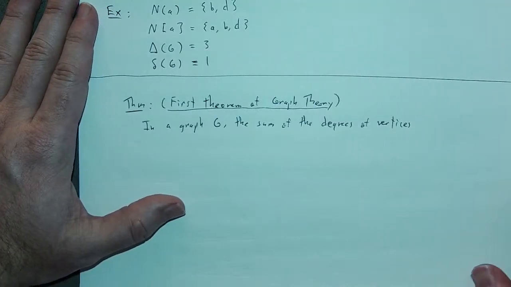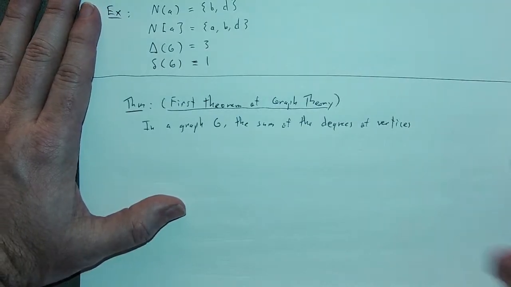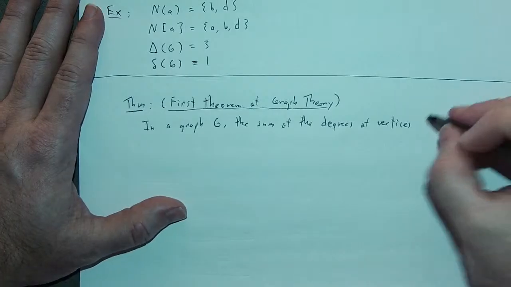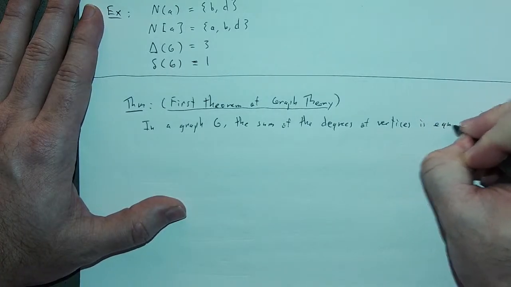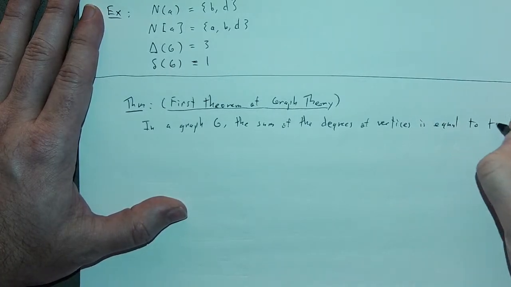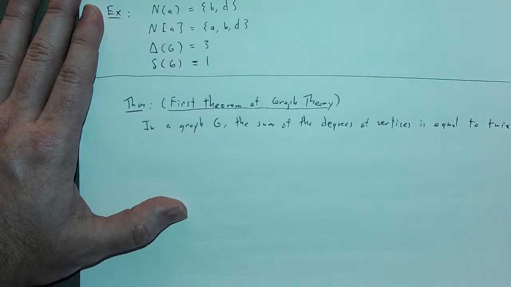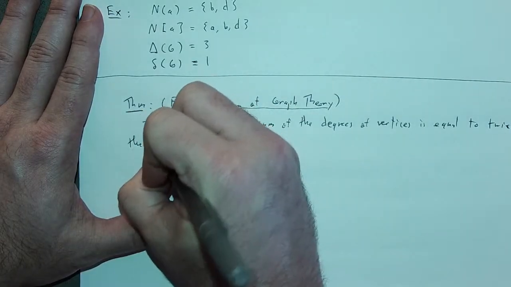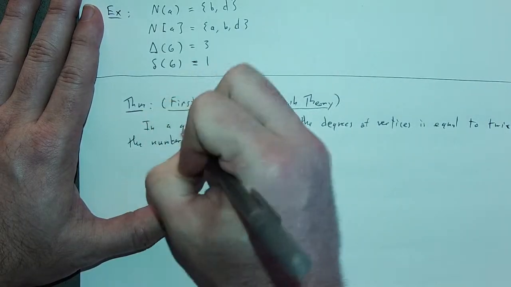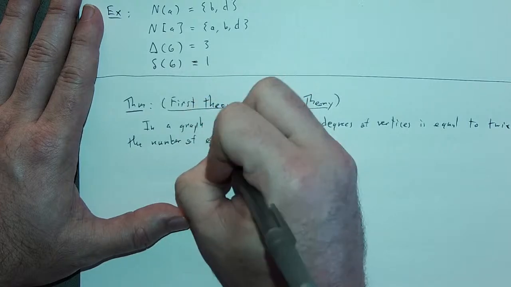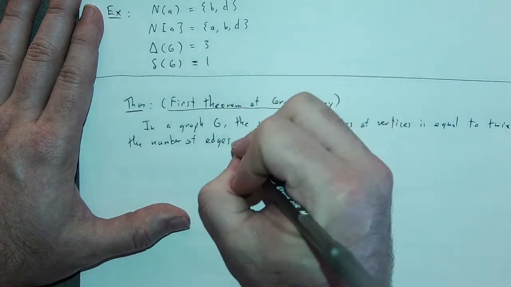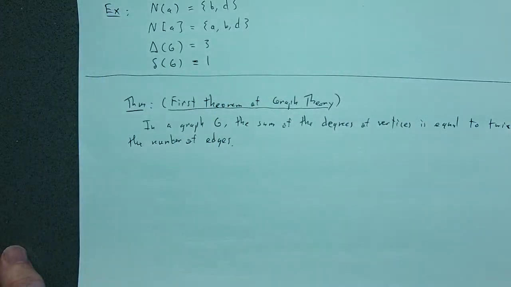So the sum of the degrees of all the vertices is equal to twice the number of edges. Again, you might have noticed this is the case before I even wrote it down. Consequently, the number of vertices with odd degree is even.